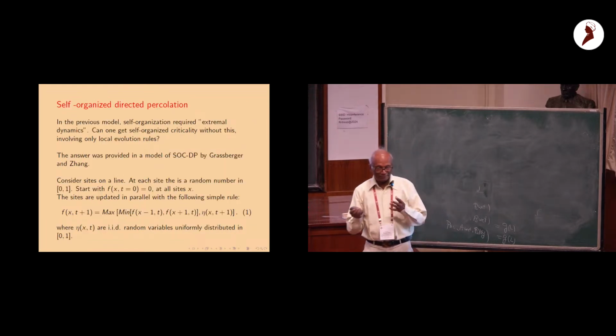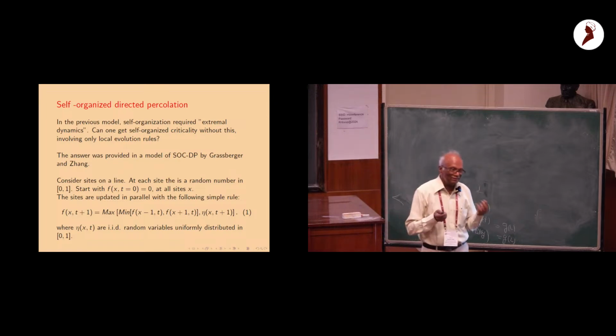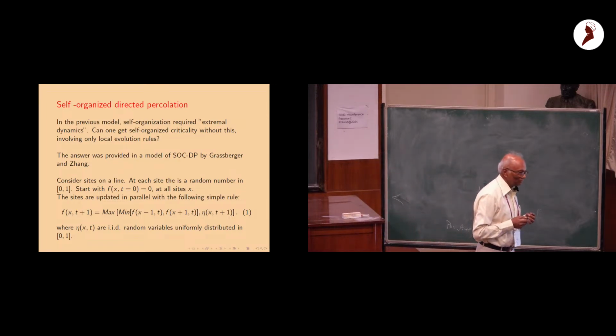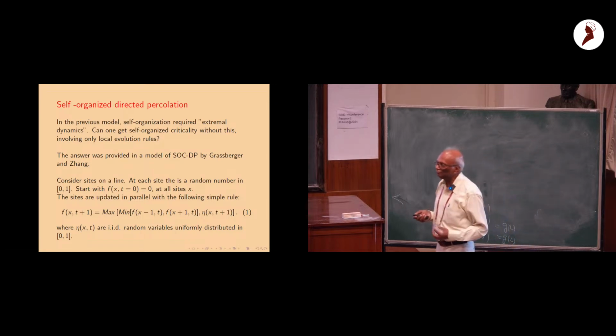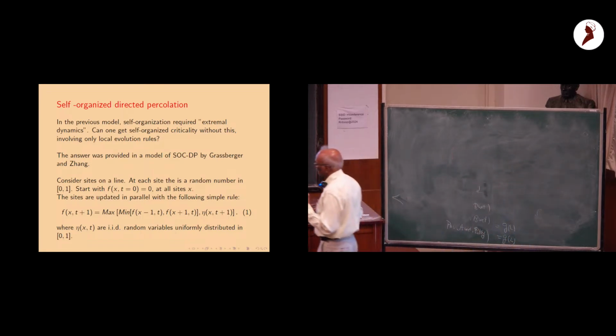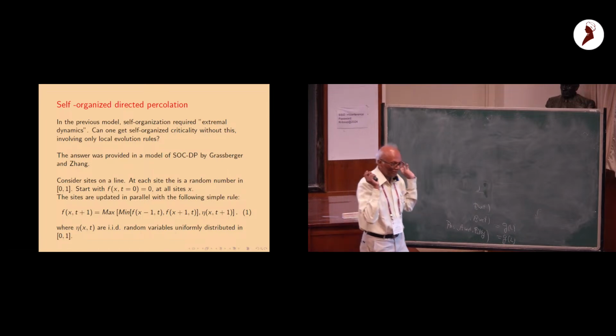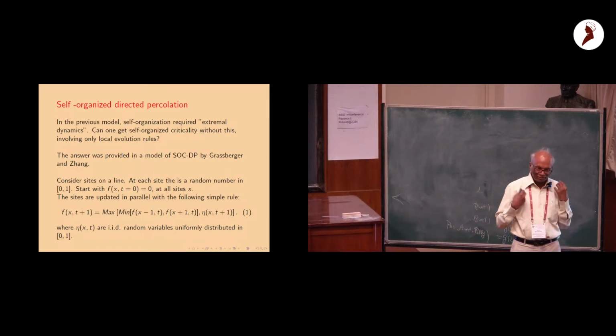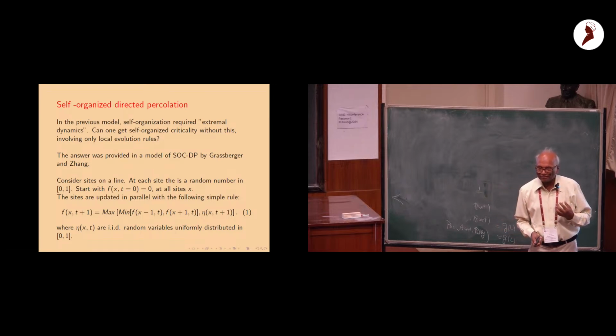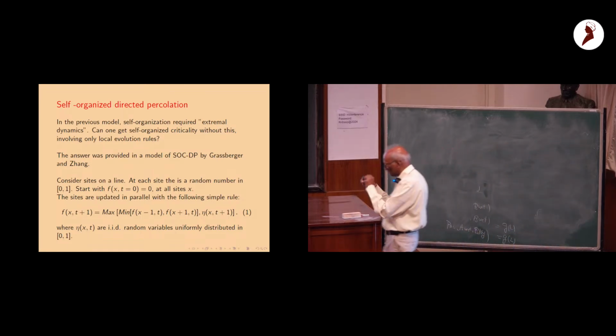So this was very nice. People liked this. So this was called self-organized invasion percolation, tuning to its critical point. The system organizes itself to be at the critical point. But there was a problem with this. The problem was that the dynamics I assumed says that the system picks the smallest bond and goes there, grows along there.